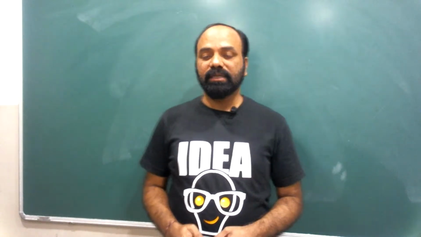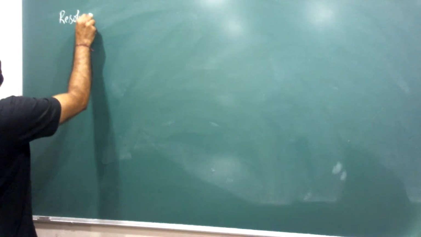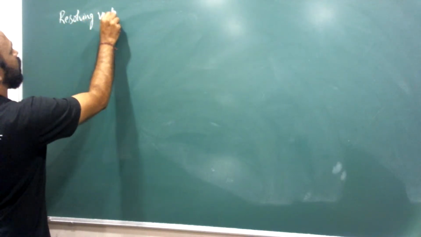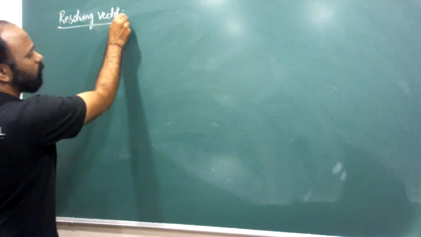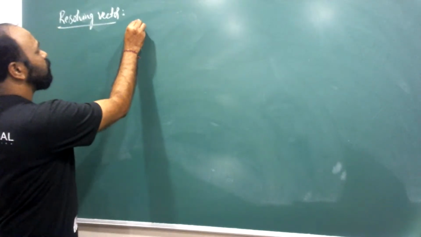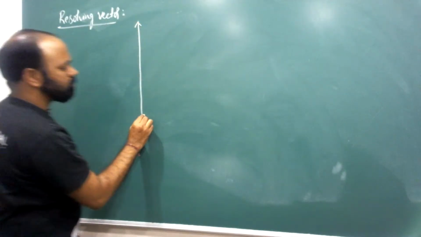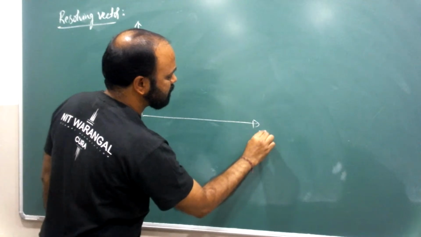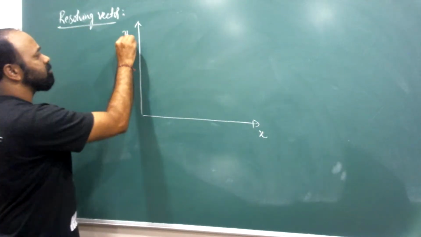Motion in a plane means first resolving vector. How to resolve the vector? If you take two-dimensional, let us take this is x-axis, this is y-axis.